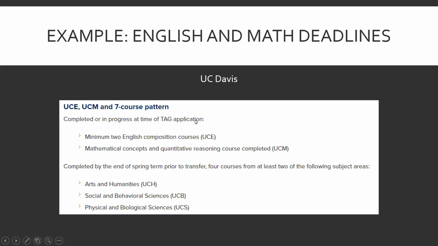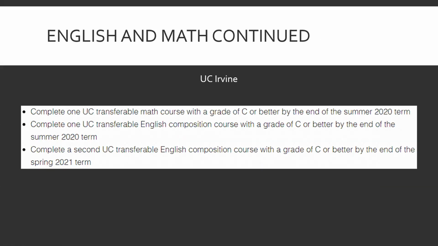That's different than a campus like UC Irvine, where your math course needs to be completed with a C or better by the end of summer. So it's a little different from campus to campus. And same with your first English course, which has to be completed by summer. So just little differences you need to note as you're looking at campuses and seeing where you qualify.